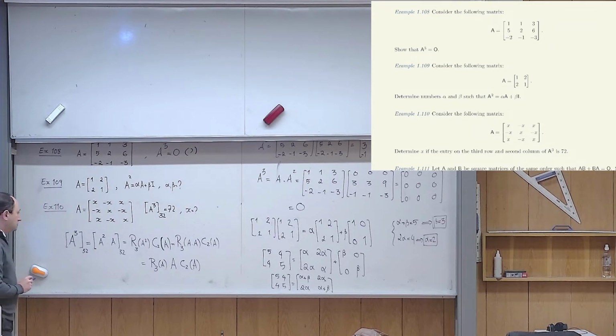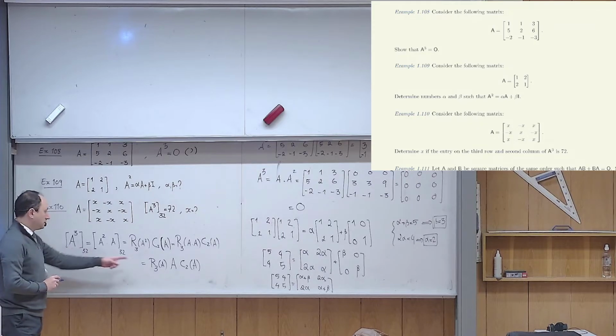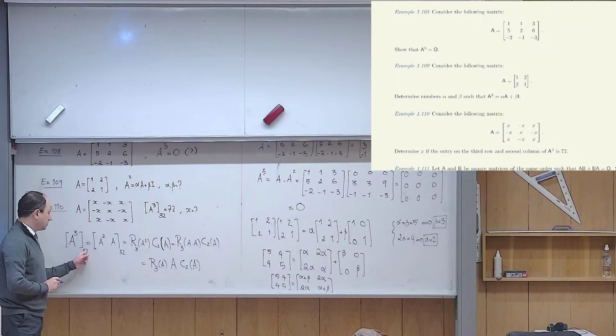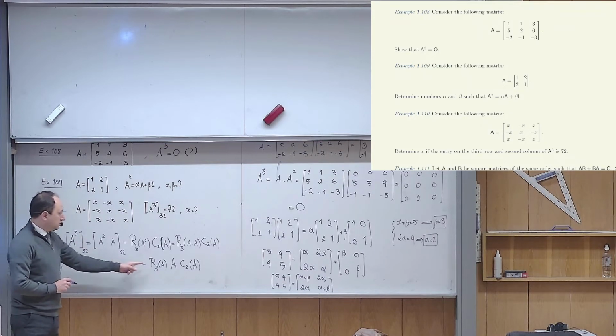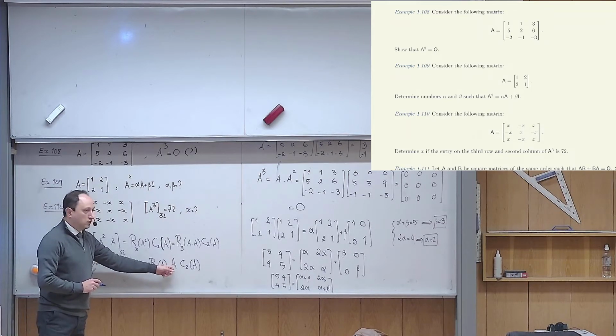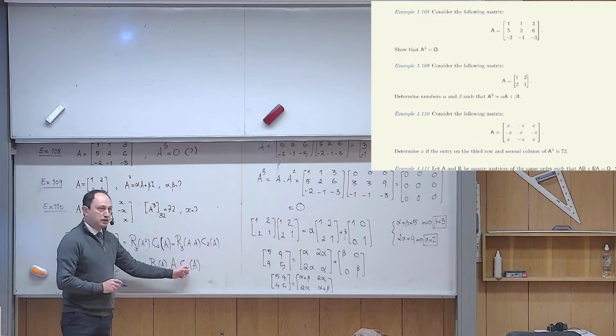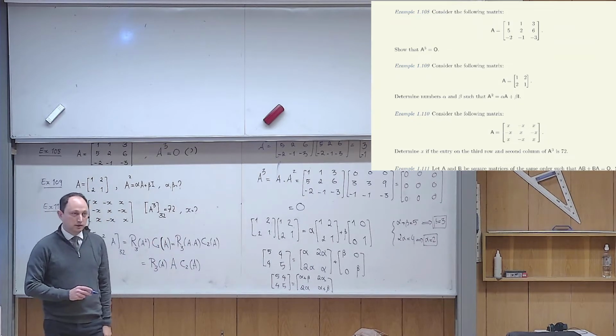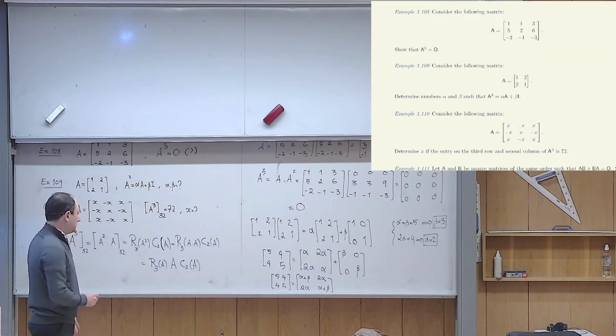At least I want you to understand why we can write this in that form. So in order to find the entry on the third row, second column of the matrix to power 3, I only need to take the third row of A, multiply it by the whole A, and just multiply it by the second column of A. This will give me the entry that I need, okay?